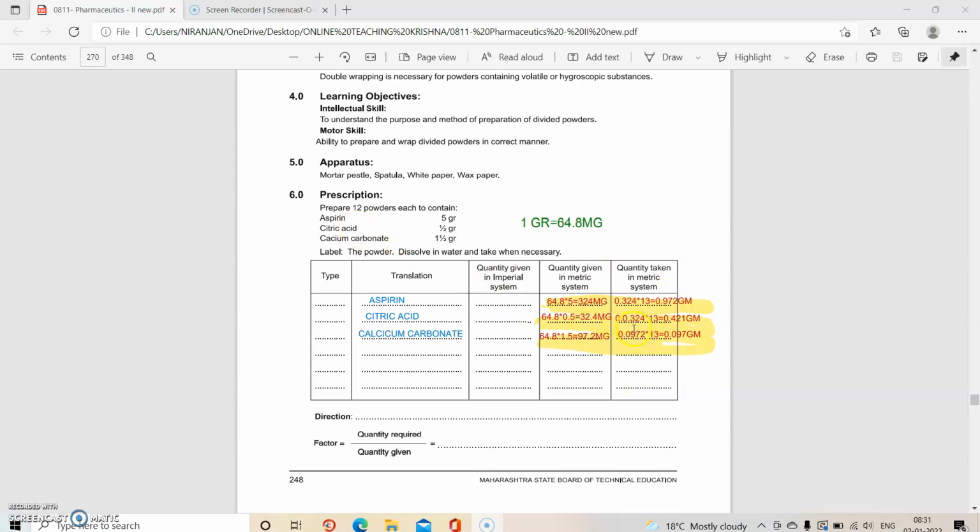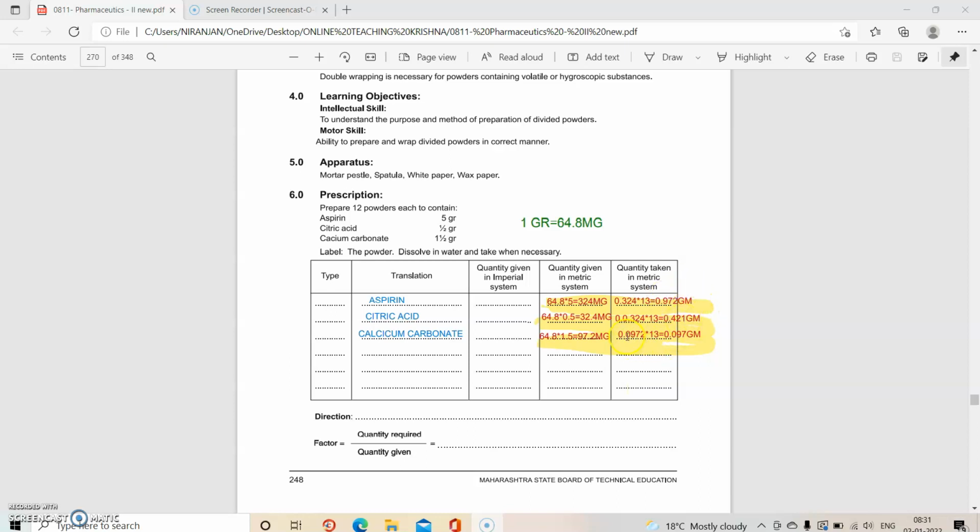Likewise, 0.0324 into 13, that is 0.42 gram citric acid, and calcium carbonate 0.0972 into 13, that is 0.097 gram. We have converted this milligram into gram. See, 324 milligram is equal to 0.324 gram, 32.4 milligram is equal to 0.0324 gram, and 97.2 milligram is equal to 0.0972 gram.